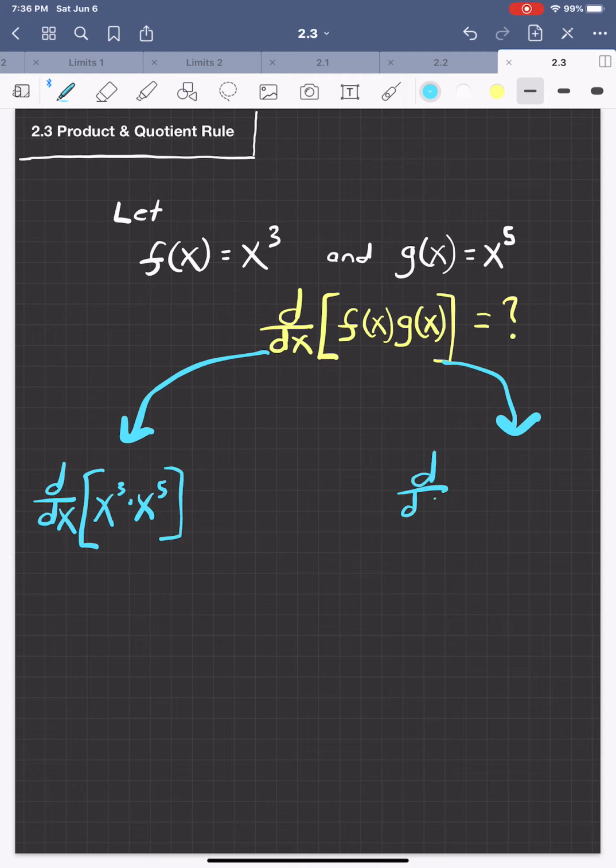So again, we have two different students, and they're going to use two different approaches. We're going to see which one's right. Are they both right, or are they both wrong? So the second student does the following.